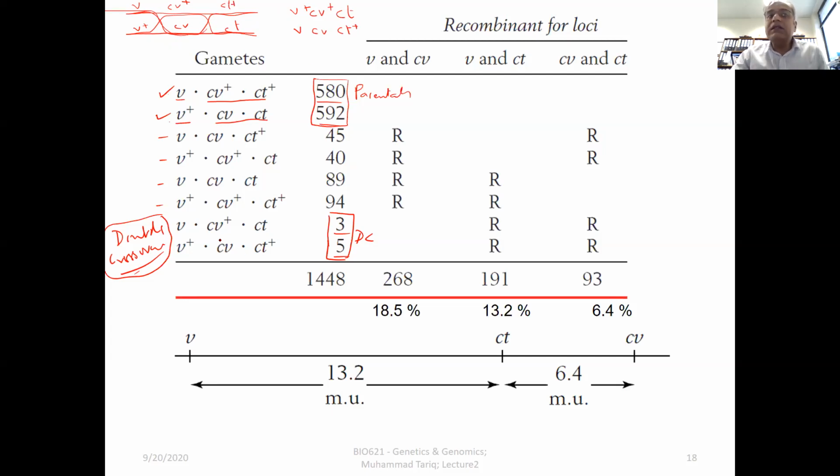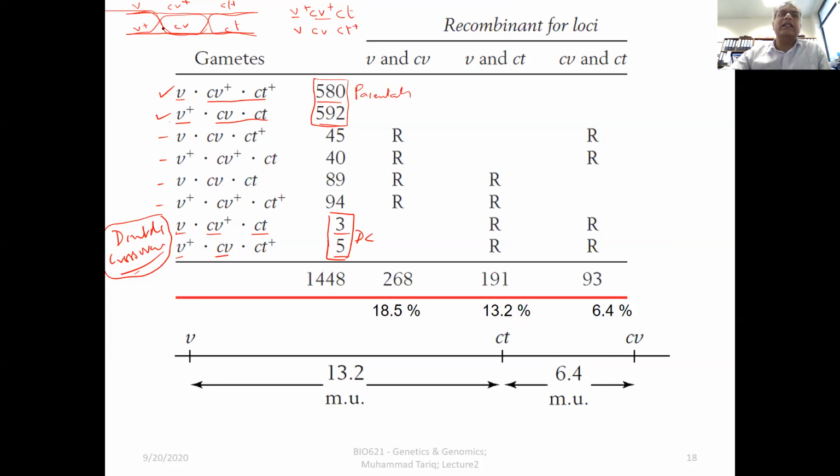Now, are these like this? In the double crossover, what we are getting is vermilion, cross veinless plus, and cut. It does not hold true if we assume cross veinless in the center. And the other double crossover reciprocal is vermilion plus, cross veinless minus, cross veinless plus. So it also is telling us this organization is wrong.